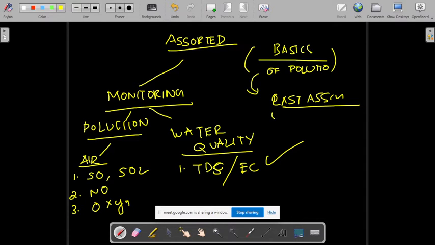I'll be giving you a video, but the video will not have any audio. You need to add your own audio.